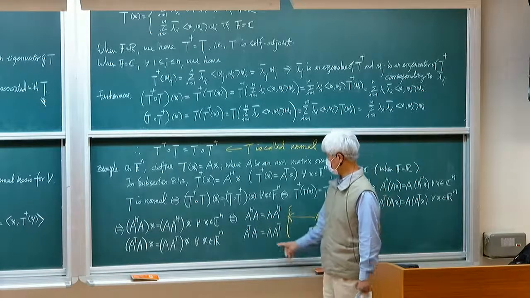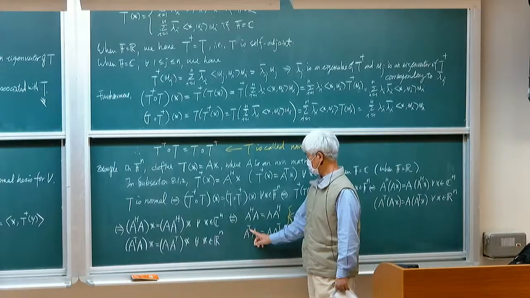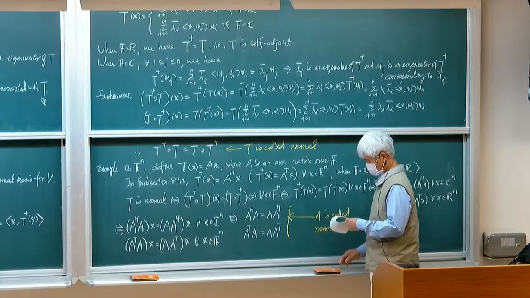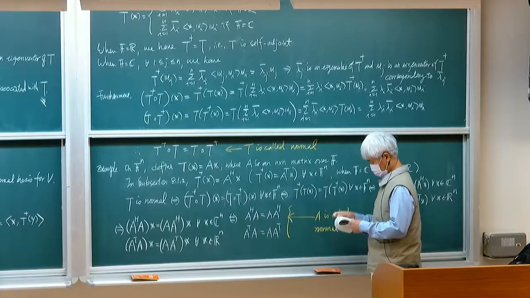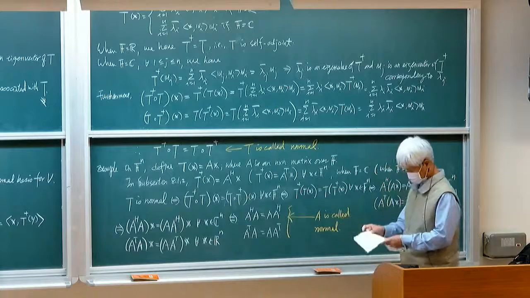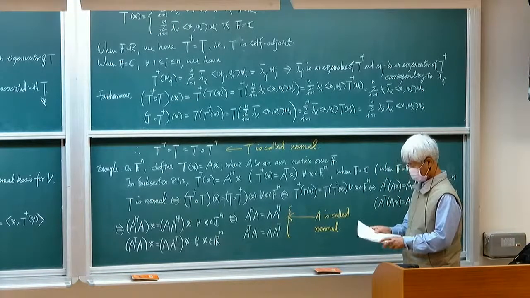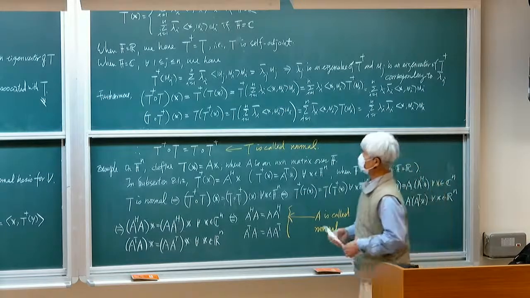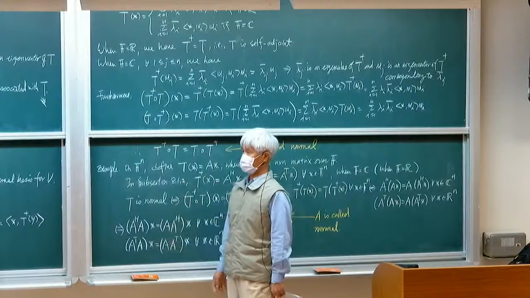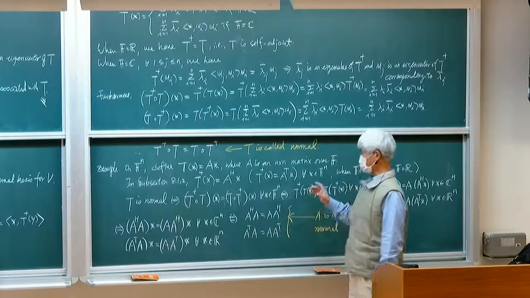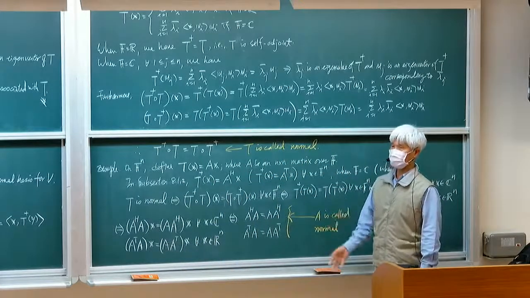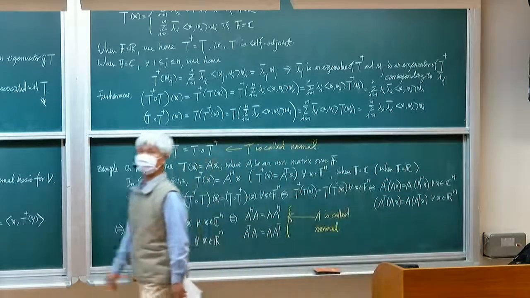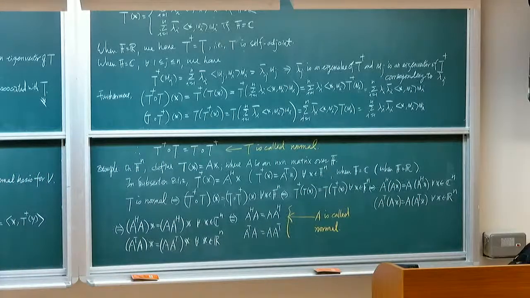In the real case, it is called normal if A^T A is equal to A A^T. So we have normal linear operators, and we have normal square matrices. Any questions?